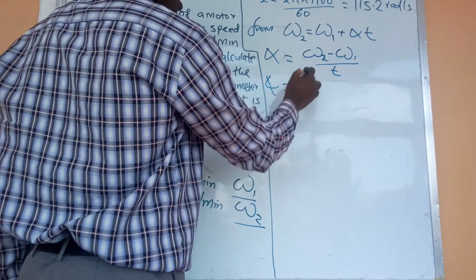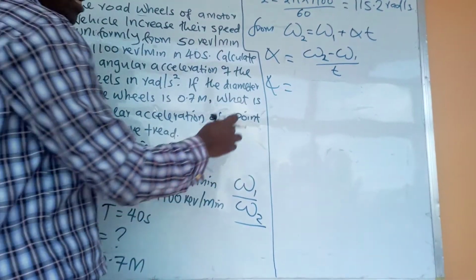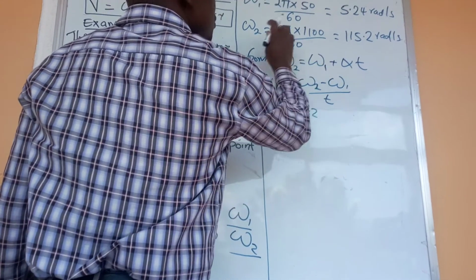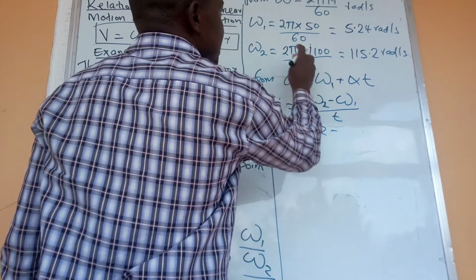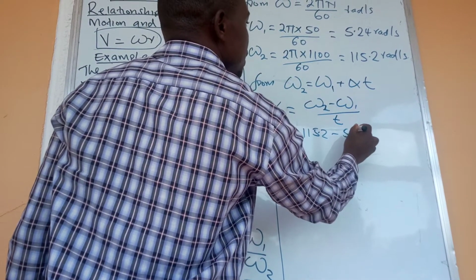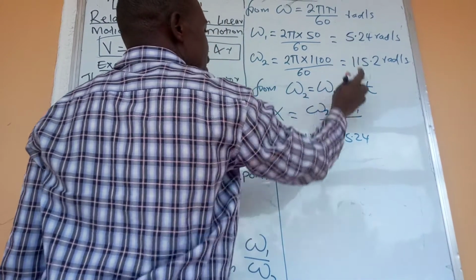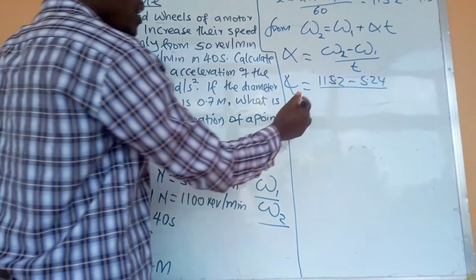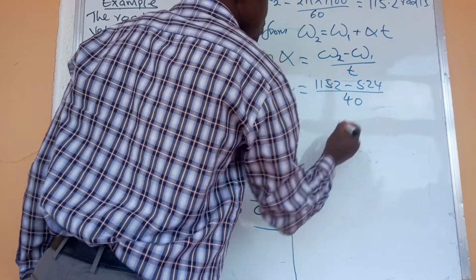Now you can simplify by replacing in the values: 115.2 for final minus 5.24 for initial, divided by the time, which we are given as 40 seconds.